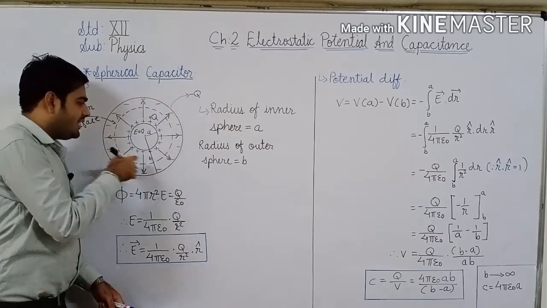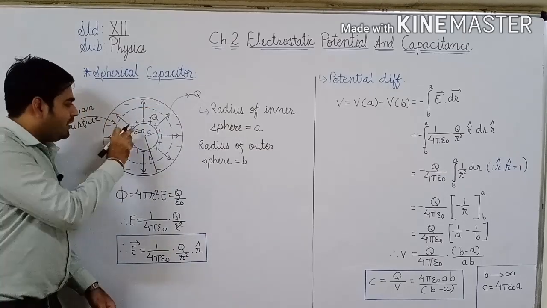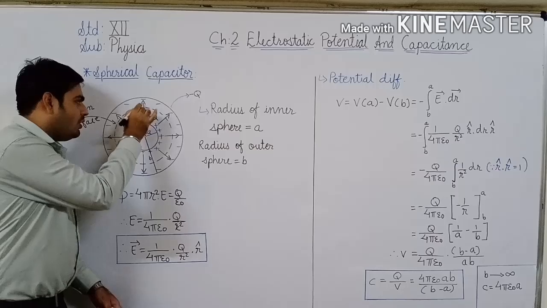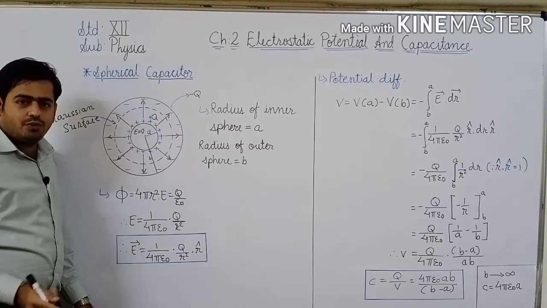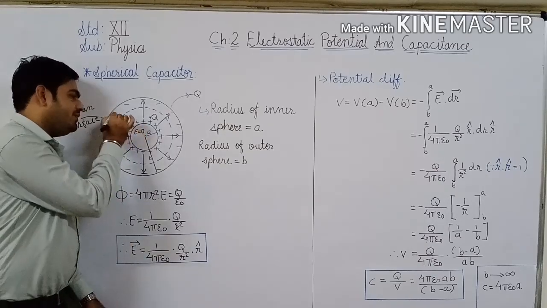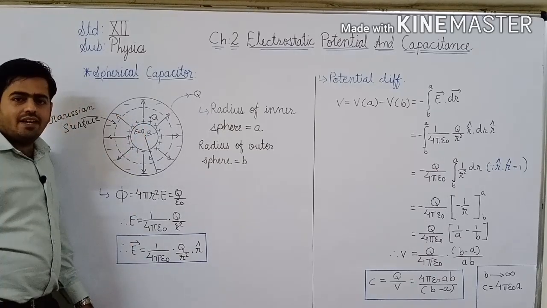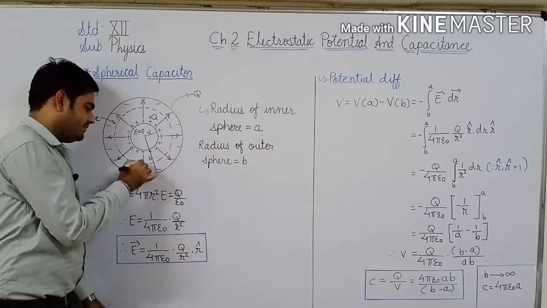Due to this charge there won't be any electric field inside the conductor, therefore electric field is only because of the positive charge, and electric field due to positive charge is away from the charge. So here you can see electric field lines are away from the charge.